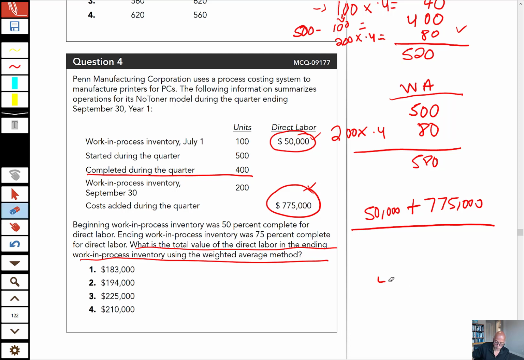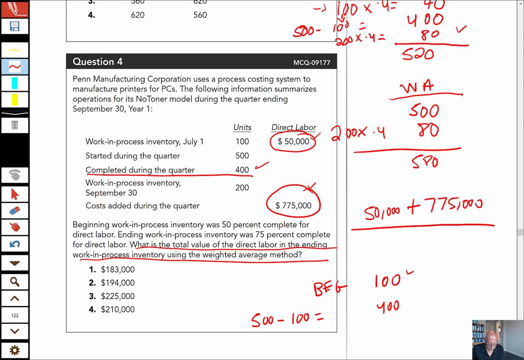Now, just to do it the way the book showed us, the way we practiced a minute ago, the beginning was 100, and I give myself credit for doing the full 100 under weighted average. And then the units started and completed. Well, they started 500, and I already gave myself credit for those 100 up there, so if I subtract them, that's 400, because they won't always give me that number, but that number was given right there.